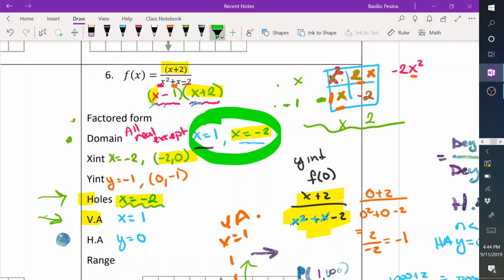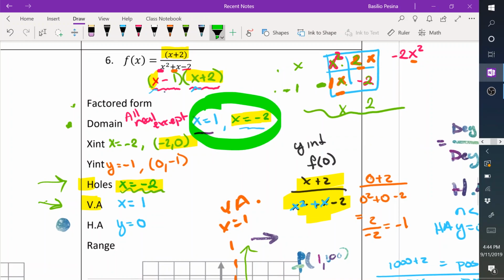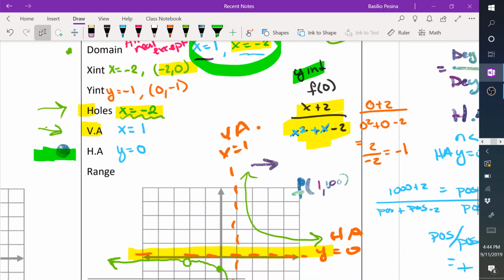Then we sketched it and checked the exponents for our horizontal asymptotes. Then we evaluated the x-intercept and y-intercept, using f evaluated at 0 for the y-intercept, and the function equaling 0 for the x-intercept. Oh, almost forgot the range.